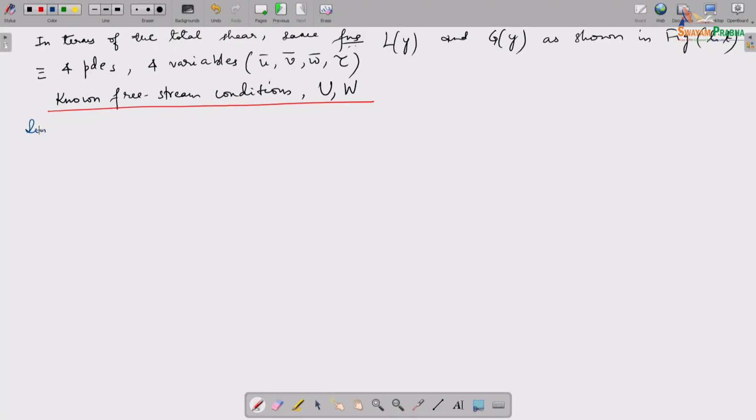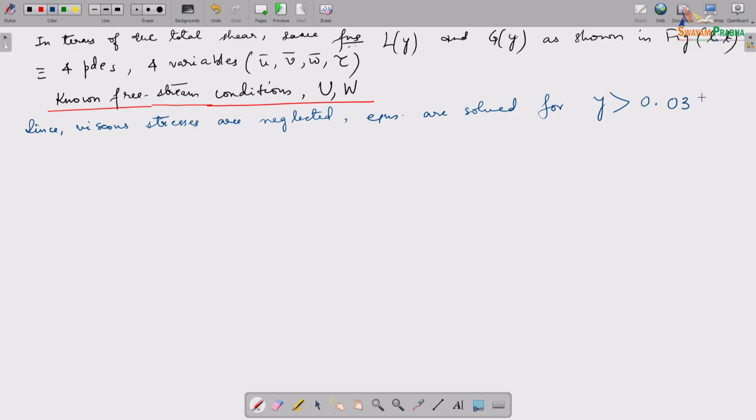Now, since viscous stresses are neglected, the equations are basically solved for y greater than about 3% of the thickness.